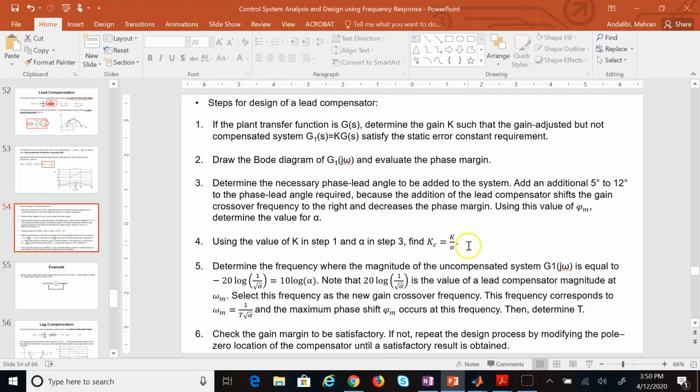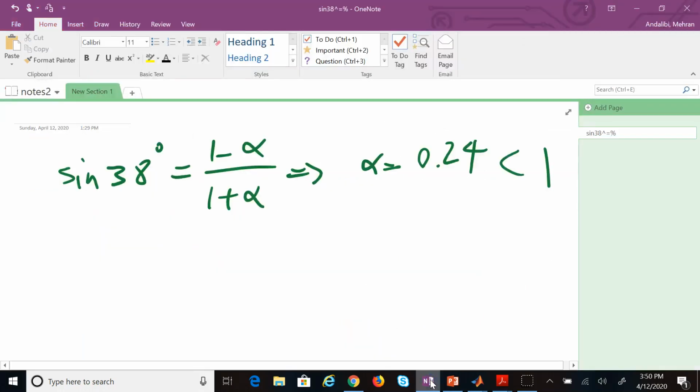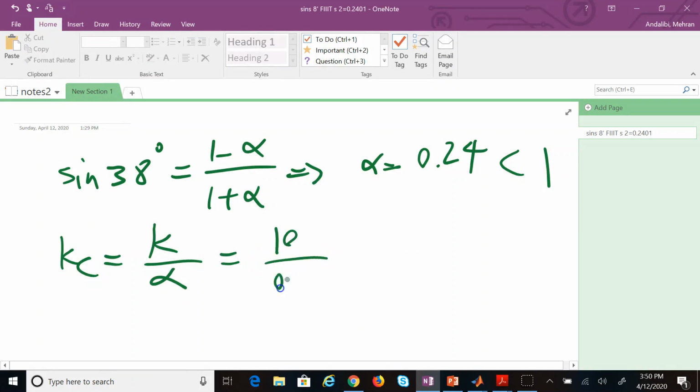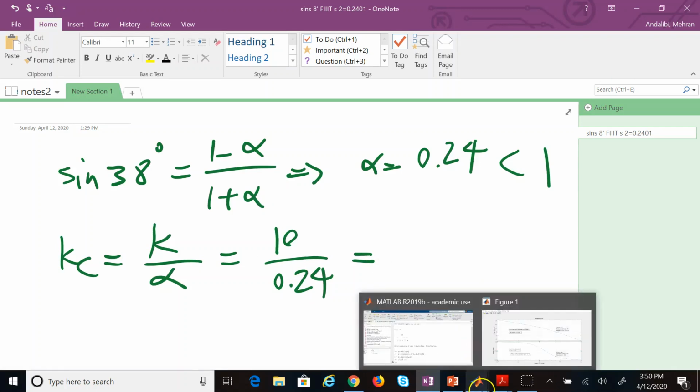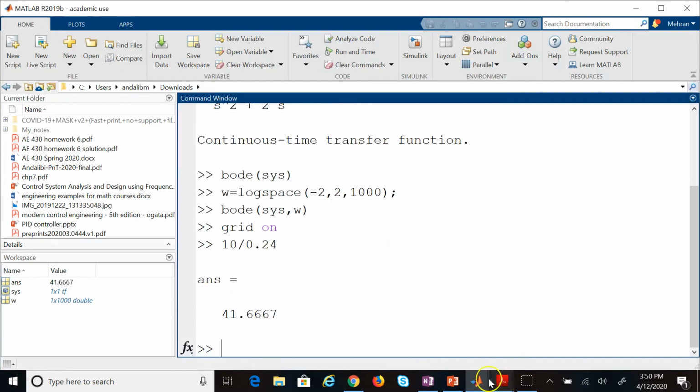Now that we have that, it is time to determine Kc, of course. That's not really much needed, but if we want, we can say Kc is K divided by alpha. So if we want, we can do that. But again, it's not really much needed, but you can divide that and get the number, which in this case is going to be more than 40, right? 41.67.